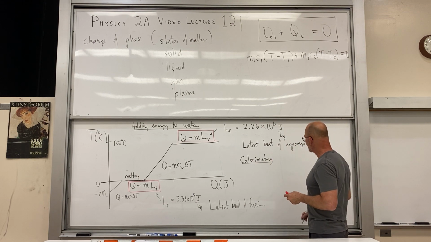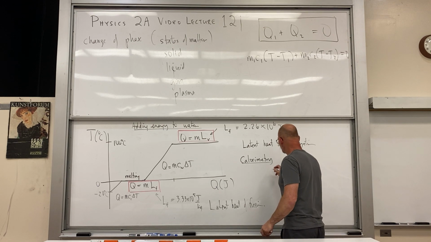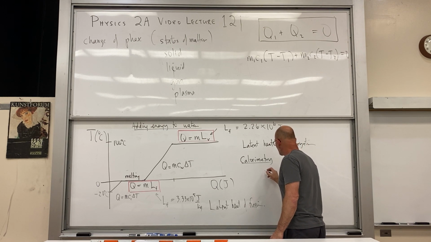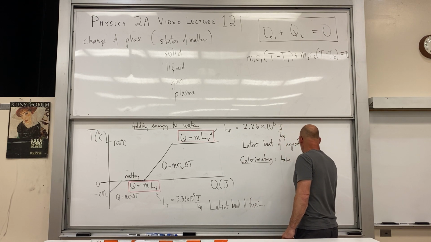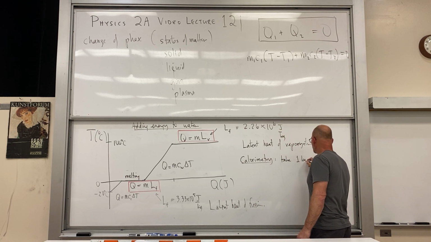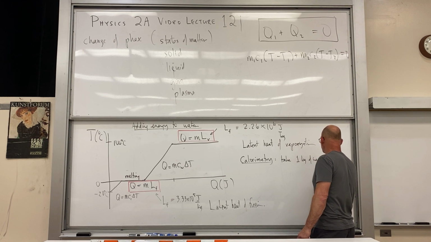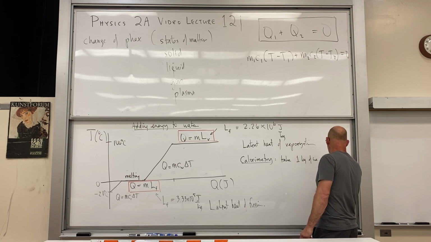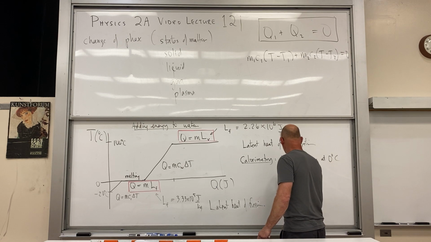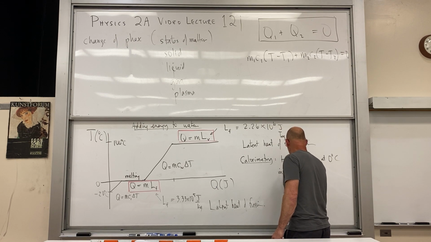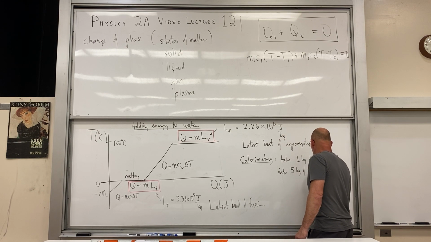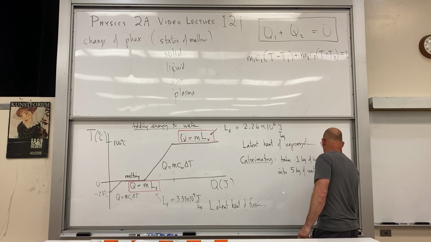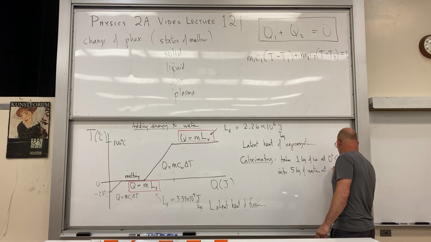Okay, so calorimetry, suppose we take 1 kilogram of ice at 0 degrees Celsius, put it into 5 kilograms of water at, say, 70 degrees Celsius.